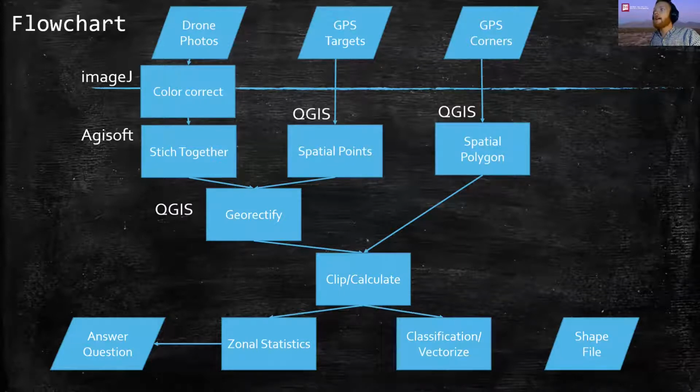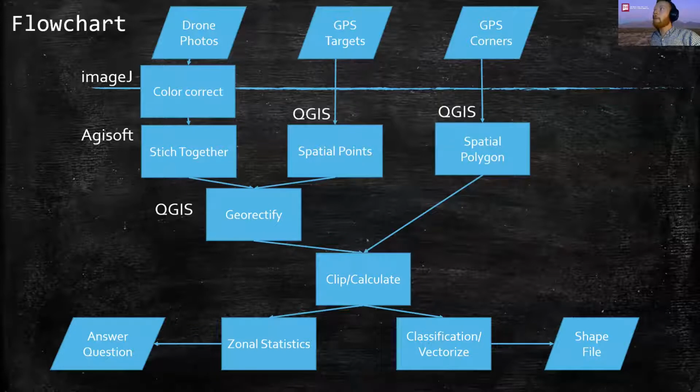And then from that clipped and calculated NDVI, we can classify those values and output a shape file after we vectorize it. It sounds very complicated, but it's all very simple. And as long as we follow the flow chart, we can always get an output. So here we'll go on to step one.